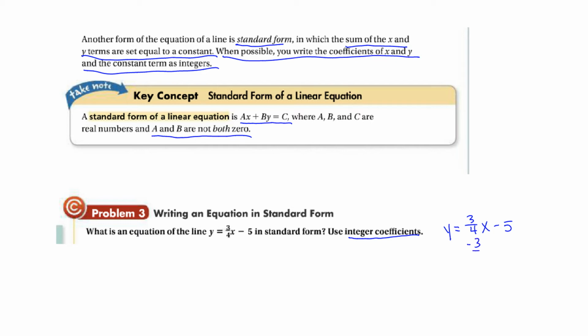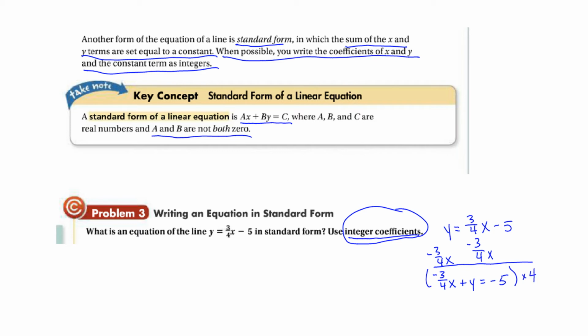So I'm going to subtract the 3/4 x from both sides. And then I'm going to have negative 3/4 x plus y equals negative 5. And then I want to get my integer coefficients. So I need to get rid of that 4 in the denominator. That means I would need to multiply my equation times 4.